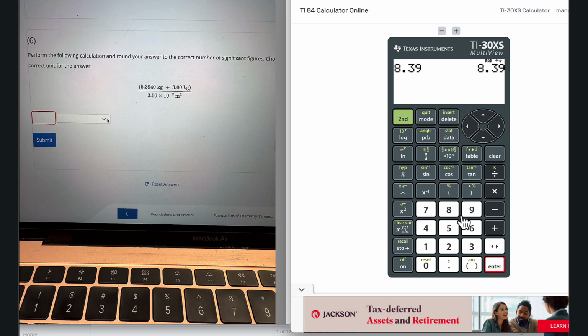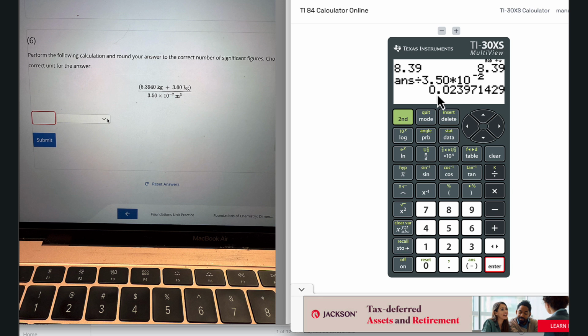Take 8.39 and divide it by 3.50 times 10 to the -2. We hit the right arrow to make sure we're not in the superscript. It would be okay in this particular case, but as a habit, we should do that. When we enter it, we get 2.39 times 10 to the minus 2.